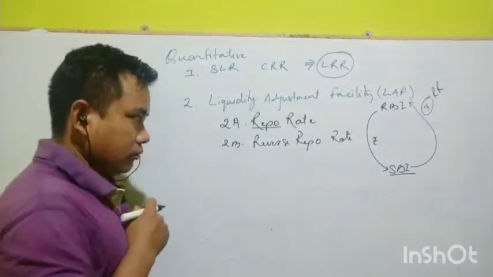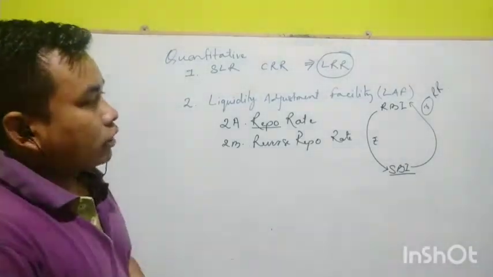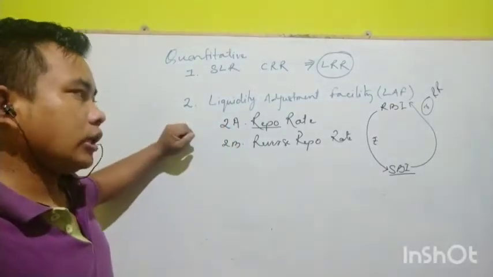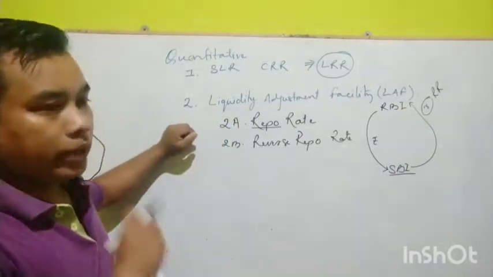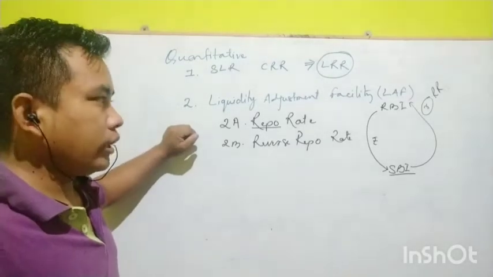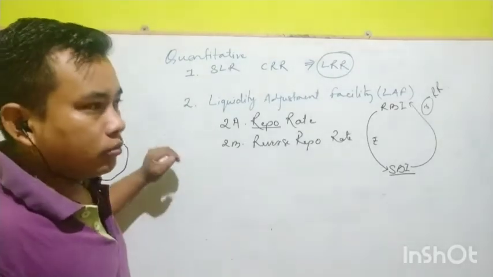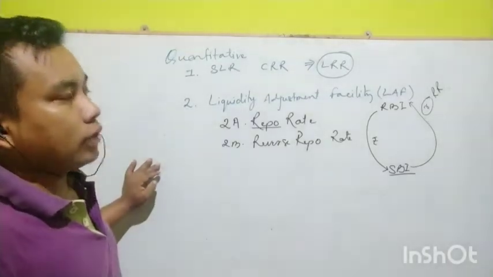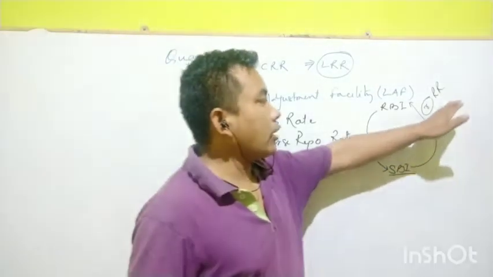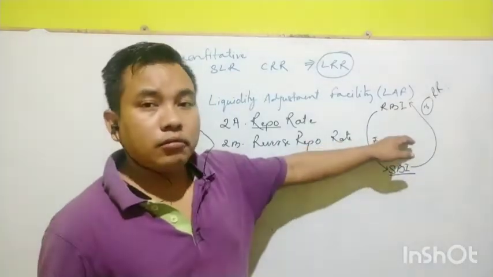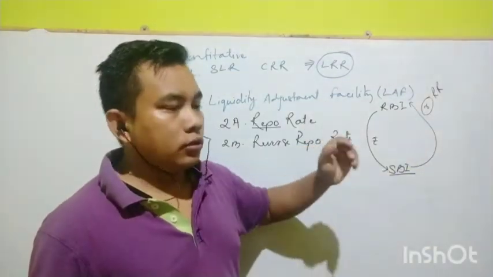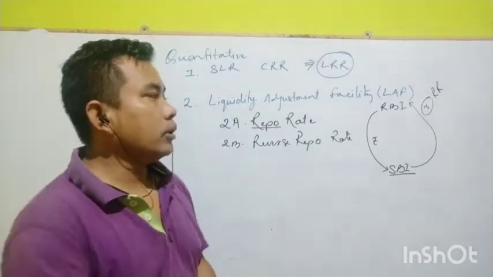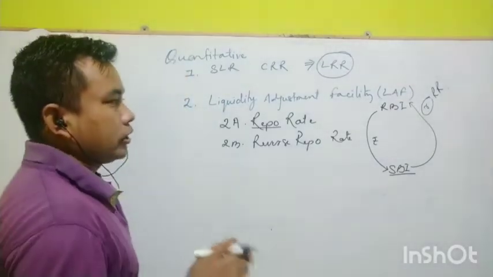It involves a complicated way of buying and selling of securities. Actually this repo rate is not a market rate of interest, and it is not a discount rate. But as I told you, I cannot go through those things because they are over complicated.